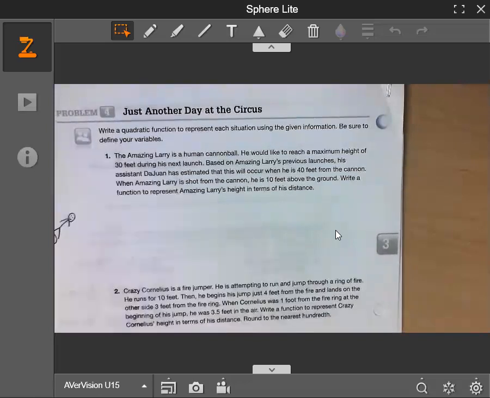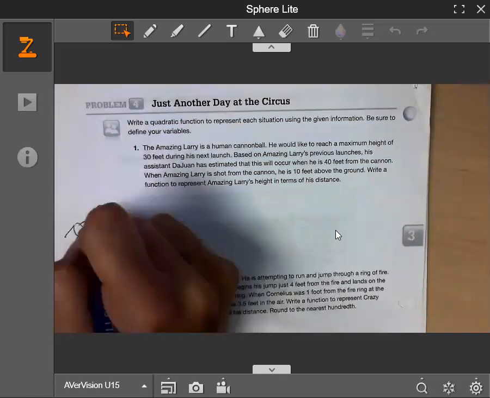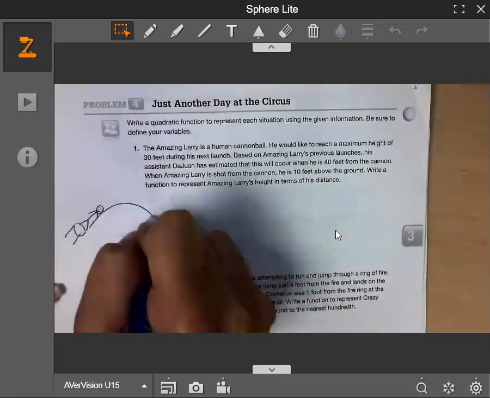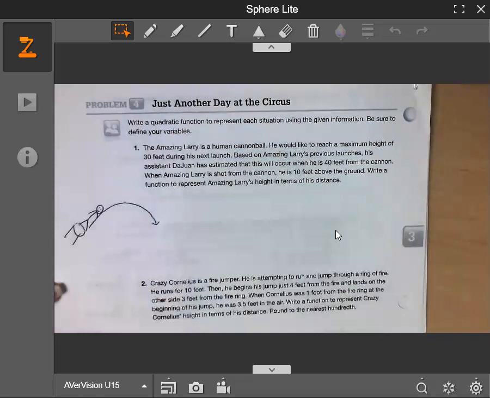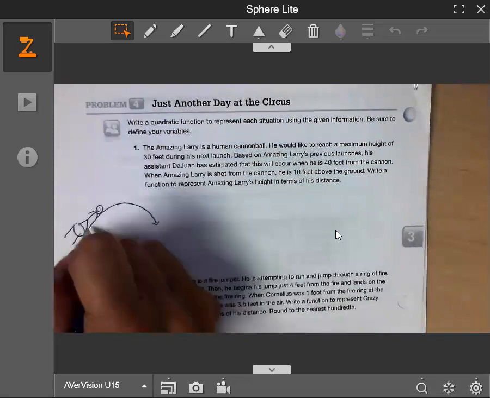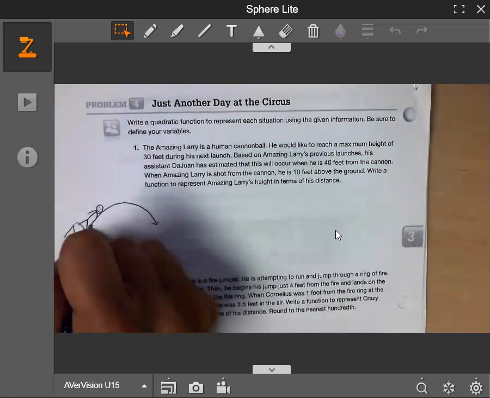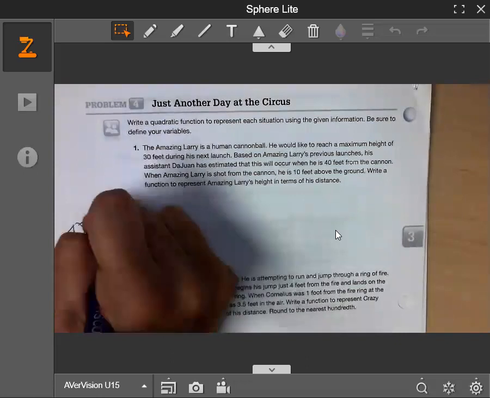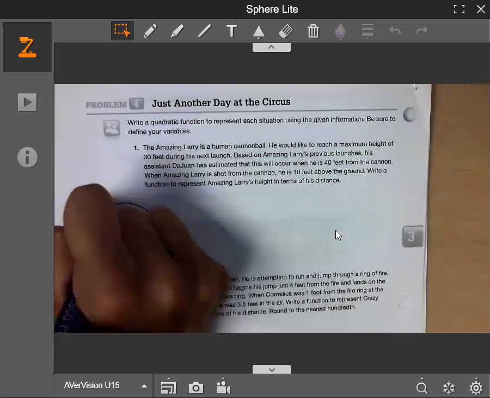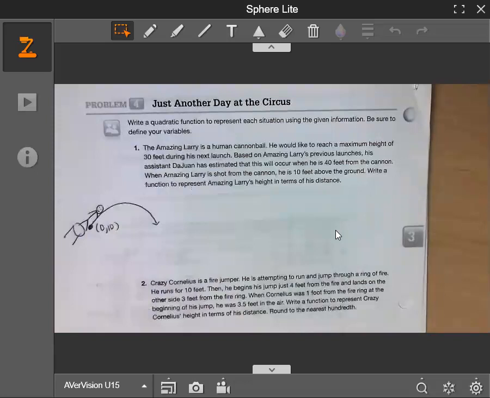Here is Larry being shot from the cannon. And then gravity takes its pull and he comes back down. It tells us that when he's at his starting point right here, he is 10 feet off the ground. So that gives us our y-intercept of (0, 10). That's his starting point, and he's 10 feet off the ground.